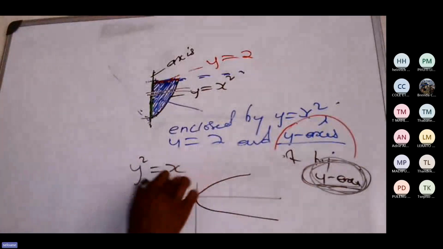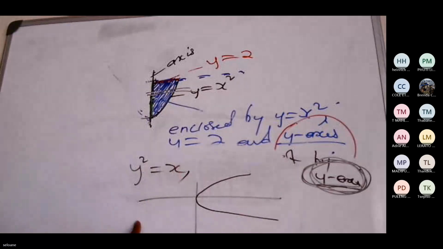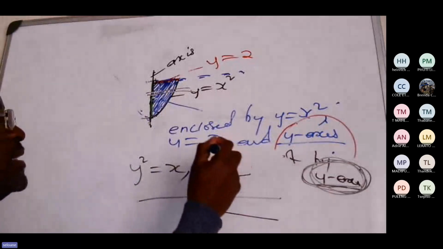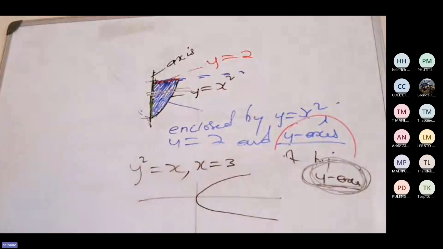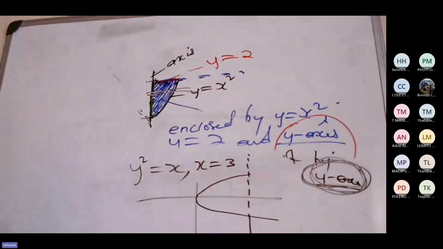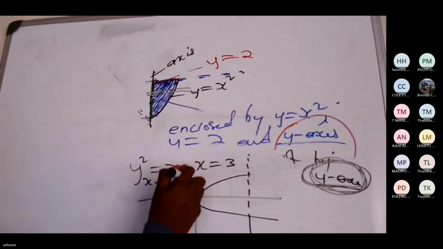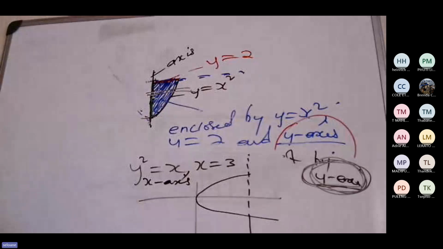Then we say the region is enclosed by this, which is, say, x equal to 3, meaning it's a vertical line like this. And again, it's enclosed by the x-axis. Which region here?